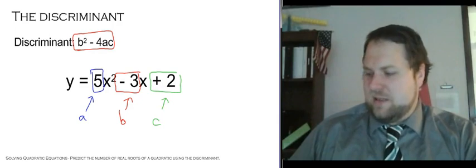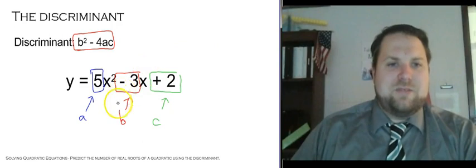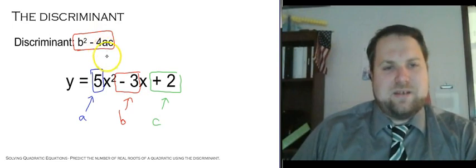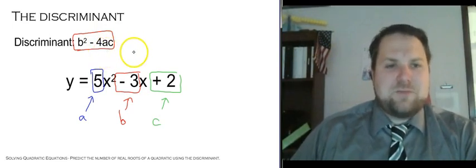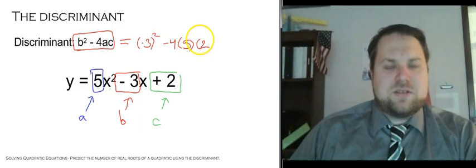So in order to calculate the discriminant, all we're doing is finding a, b, and c, and then we take b squared minus 4 times a times c, and that 4 will always be a 4. It will never be anything else. And so when we calculate this, we just get a number. So for example, in this situation, if I were to take b squared, that would be negative 3 squared minus 4 times 5 times 2.